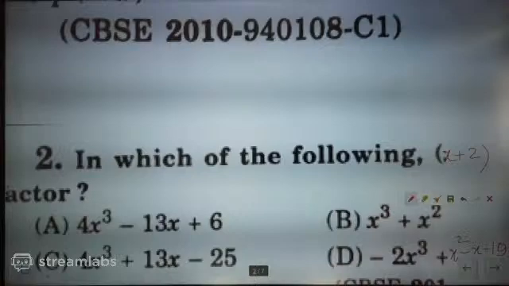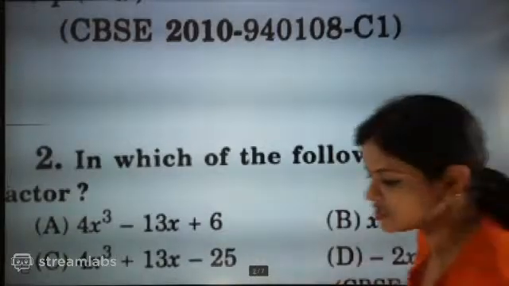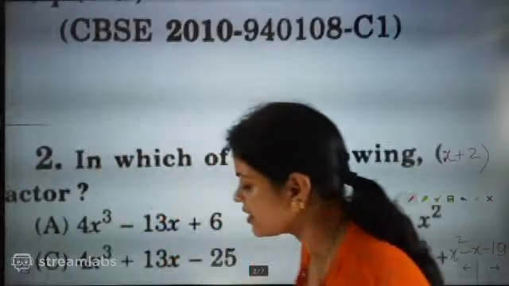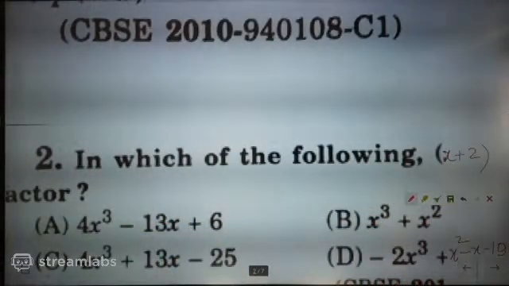So go for the last one. Here minus 2x cube is there, plus x square, minus x, minus 19.